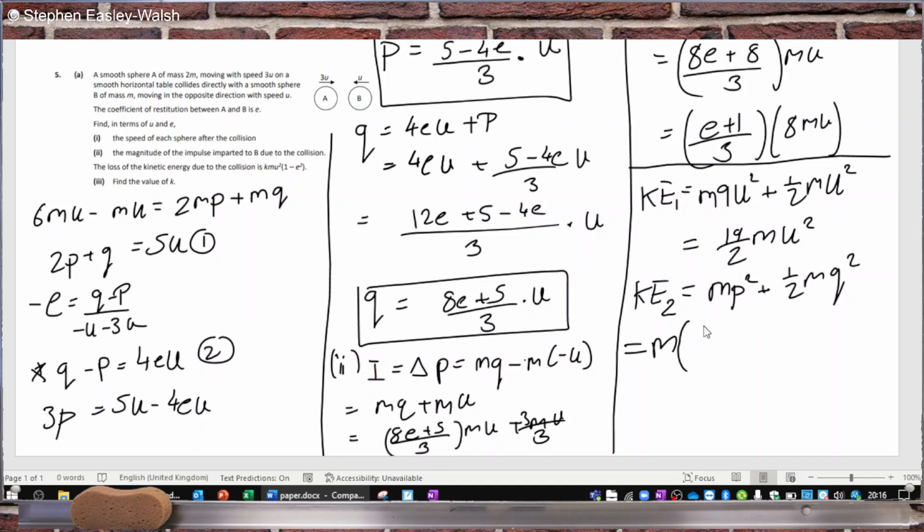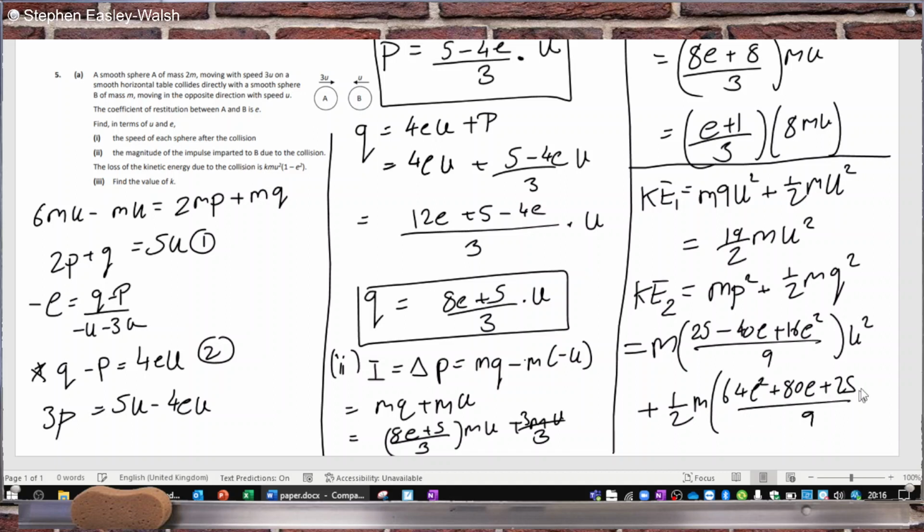There's p, so that'll be (25 minus 40e plus 16e squared) over 9 u squared, plus a half mq squared, (64e squared plus 80e plus 25) over 9 u squared.